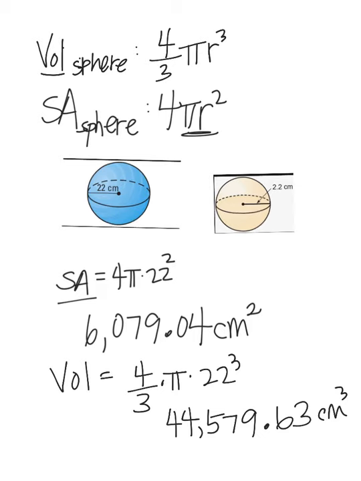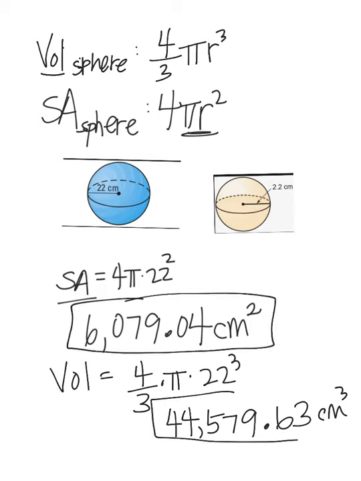Now again, I probably won't have you label on your assignment, but on your test, which we are taking on Thursday, I will probably have a spot where you have to choose whether it's squared or cubed or just centimeters.